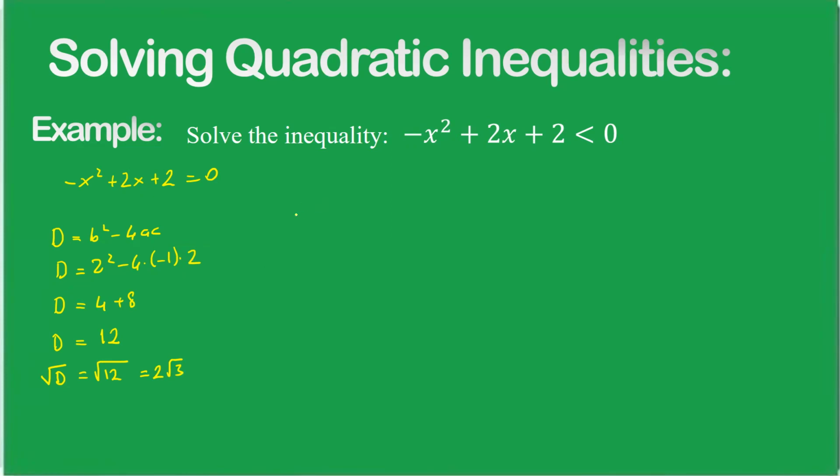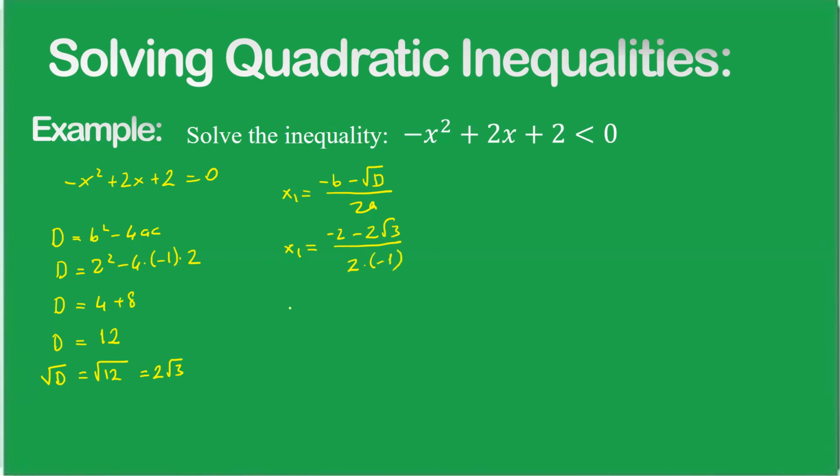So x1 is minus b minus the square root of the discriminant over 2a. Be careful again, the coefficient of x squared is negative 1, not 1. So x1 is minus b, which is minus 2, minus the square root of the discriminant, minus 2 square root of 3, over 2 times minus 1.